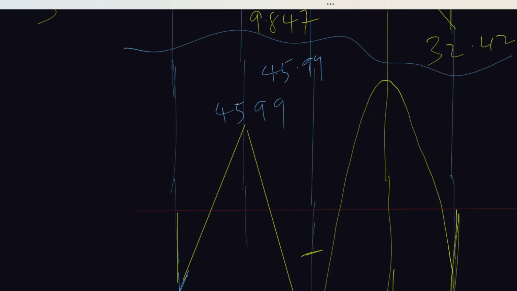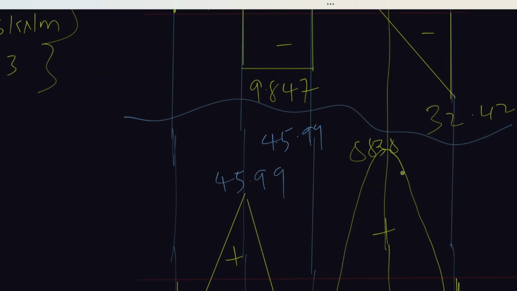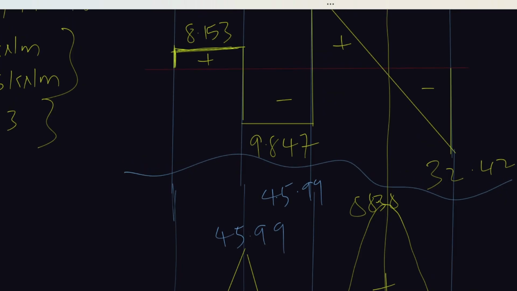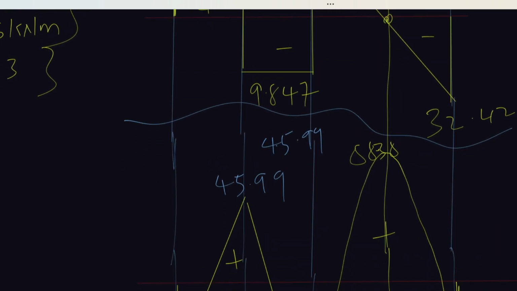This is negative, this is negative, this is positive, this is positive. Well, this is 88.38. You can check the moment values. Wait, this is 101.75. You can check. So that's it basically.